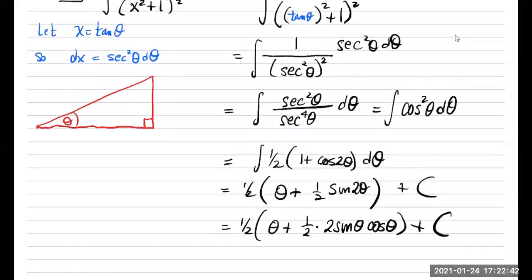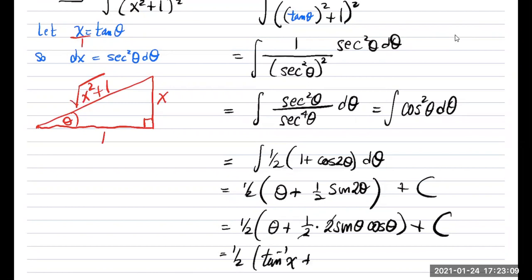Now, from my original substitution, I know that the tangent of theta is x over 1. From trigonometry, that tangent is the opposite over the adjacent. And so therefore, by the Pythagorean theorem, the hypotenuse will be the square root of x squared plus 1. So down here, replace theta with the inverse tangent of x.